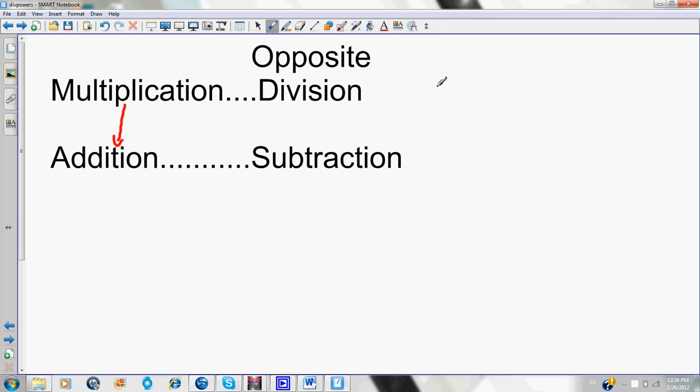So if we had 5 to the 3rd times 5 to the 6th, we added the exponents and we got 5 to the 9th. Well, since division is the opposite of multiplication, then it makes sense that if we added with multiplication, we are going to subtract with division of powers with the same base.